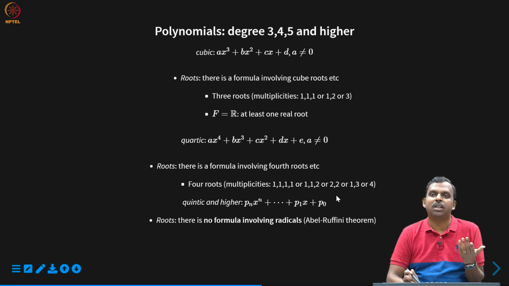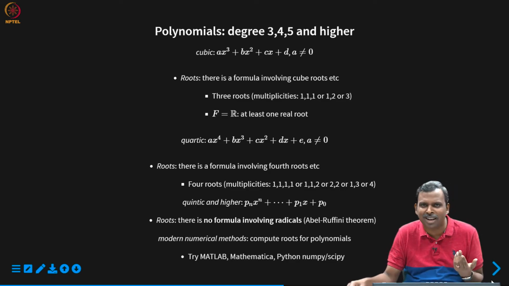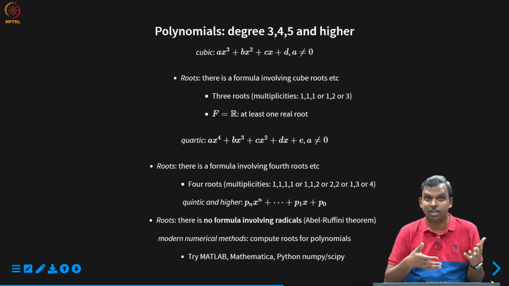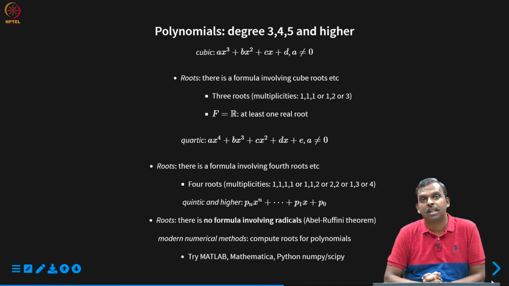Today, in the modern computer world, where you can do a lot of number crunching, these classical results are not so interesting, at least from an applied engineering point of view, because you pick up any modern computing tool, Python, NumPy, SciPy, or more expensive tools like Mathematica, MATLAB, whatever you have access to, you input a polynomial, ask for the roots, and it will give you the roots like that. You could have very high degree polynomials. There are very powerful numerical methods today which can compute roots for you.